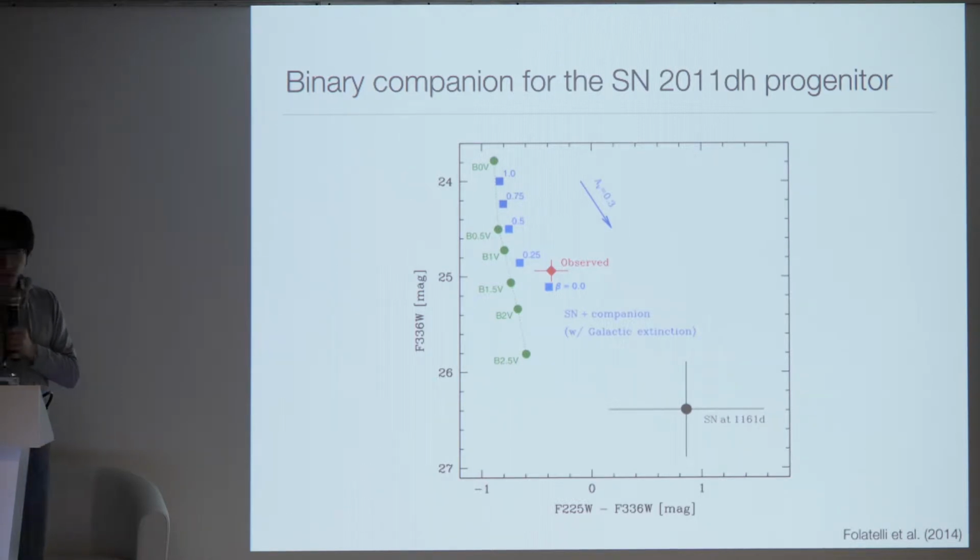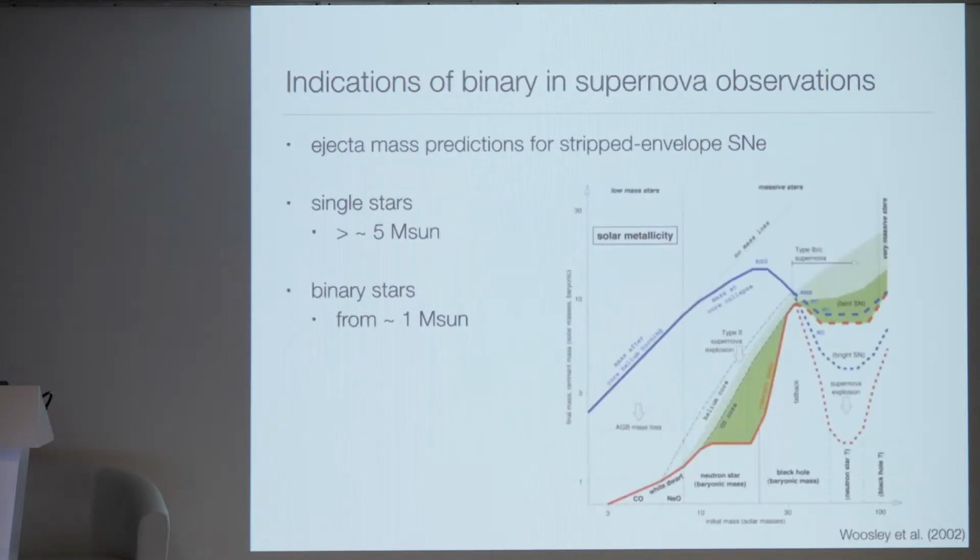Of course, this case was very lucky, and we cannot do this kind of study for all the type Ib supernovae to see if there's a binary star or not.